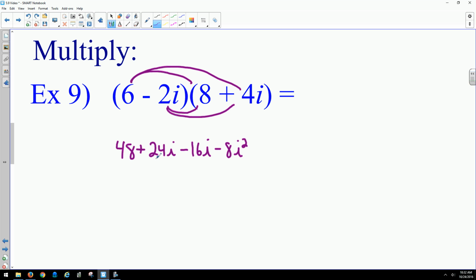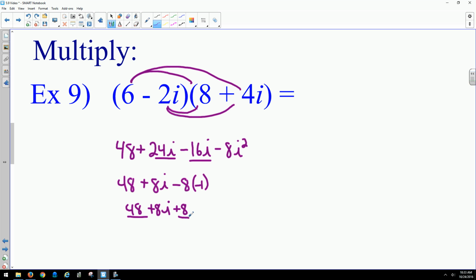So I'm going to combine like terms. And I can actually go further with this because I have 48 plus 8i minus 8 times -1, because i squared is -1. So 48 plus 8, right? Negative 8 times negative 1.